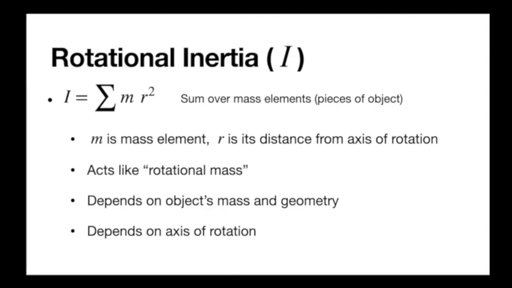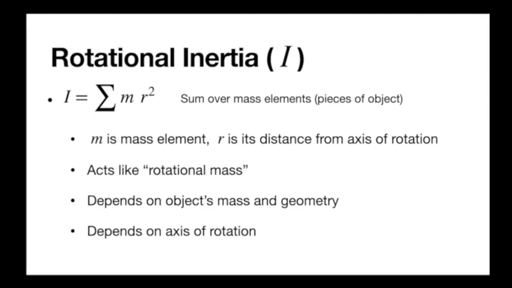If you're given an extended object, you'll just be given the rotational inertia. But remember, it depends on the axis of rotation that I choose. I think I did this example in lecture: if I spin this chair about the center that it wants to spin, it's going to have some value of rotational inertia, which we don't know. It's some complex thing because this is a really weird shape, but it's pretty easy to spin.